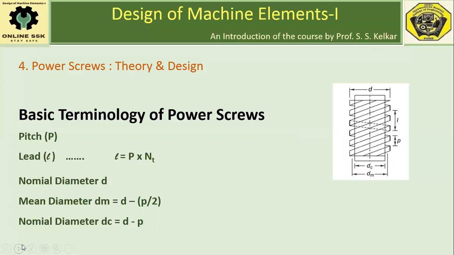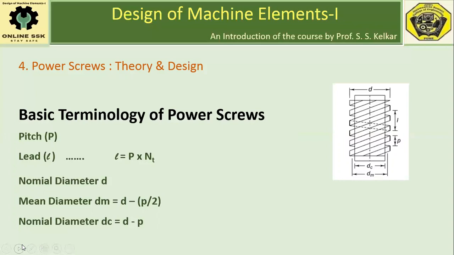So p multiplied by the number of threads or number of starts denotes the lead of the screw. Again, lead is the axial distance traveled by the corresponding nut for one complete rotation of the screw.